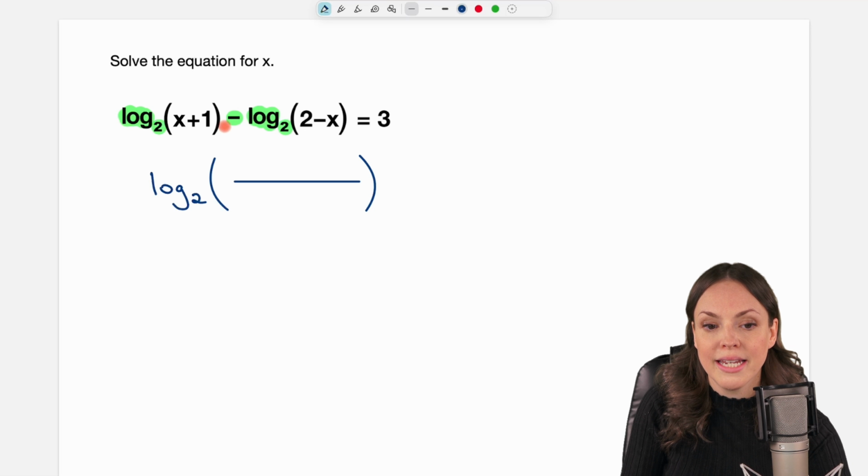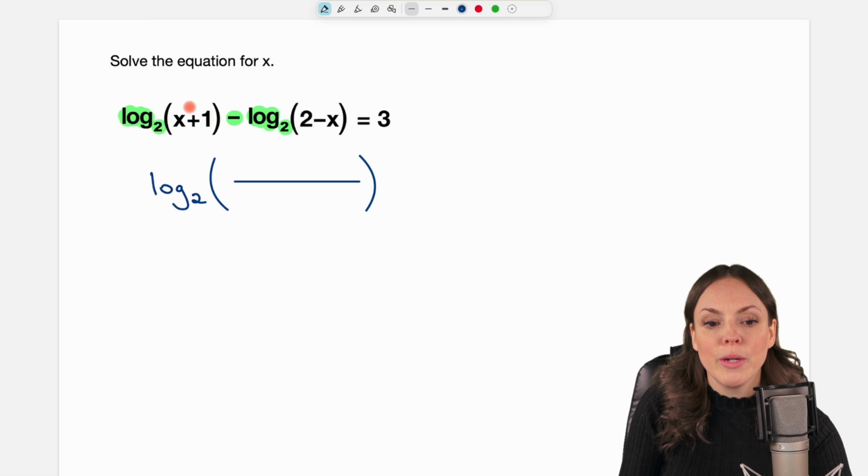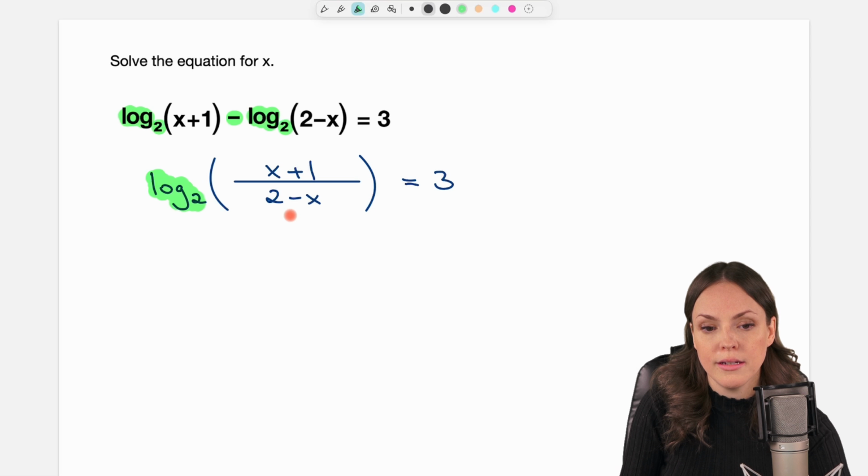Because of this minus here, the rule tells us you're going to have a fraction inside your one big logarithm. What we had in our first logarithm is what we write in the numerator, and what we had in our second logarithm is what we write in the denominator. And on the right side, we still have our 3.